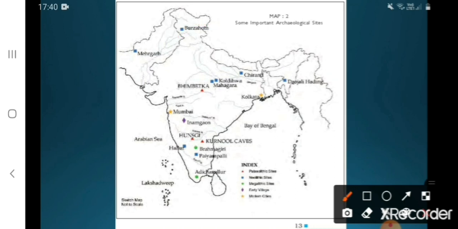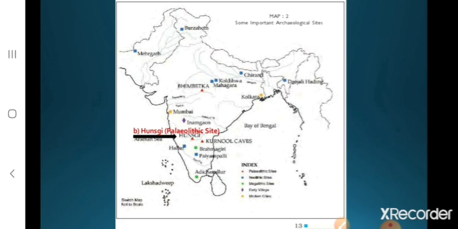Now let's locate the next place, that is Hansgi. Hansgi is in Karnataka. So we are going to mark that place, and then we are going to draw an arrow mark. Then above that we will write B. Hansgi, and in the bracket we will mention Paleolithic site.